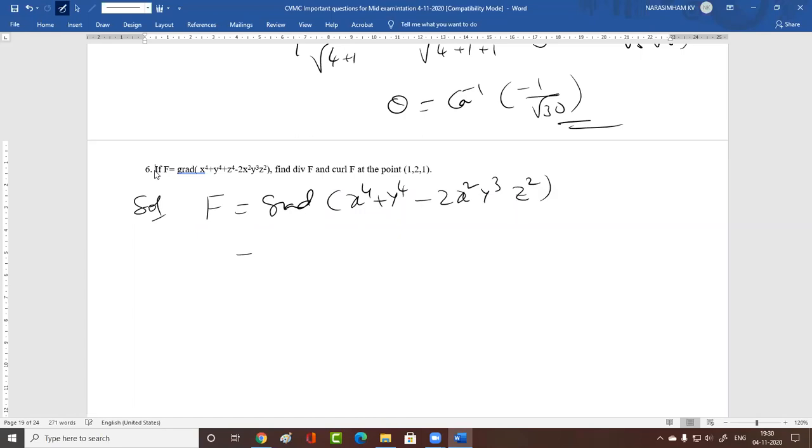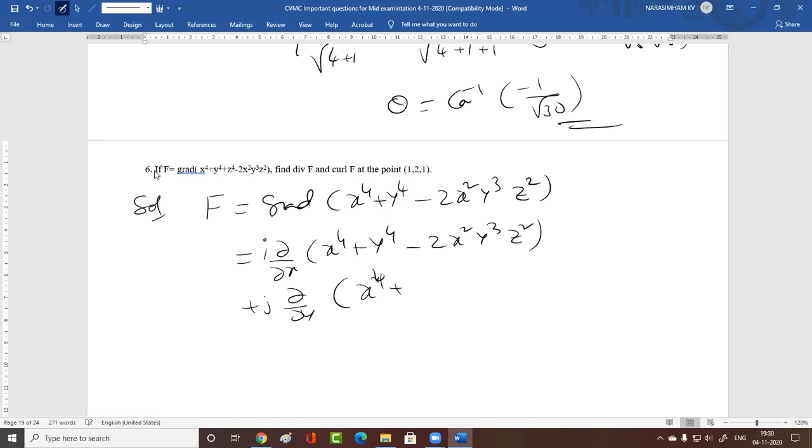Okay. Now what is the gradient? i ∂/∂x of this entire term, x power 4 plus y power 4 minus 2x squared y cubed z squared, plus j times ∂/∂y of the same, x power 4 plus y power 4, plus z power 4. You are correct.